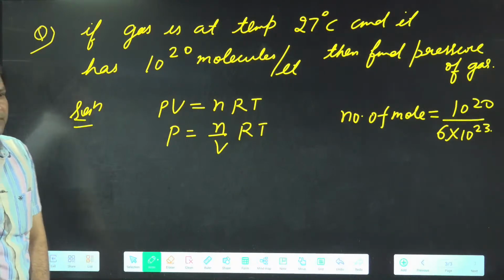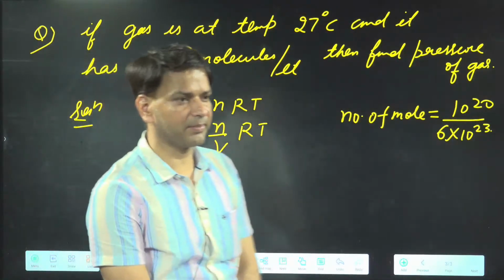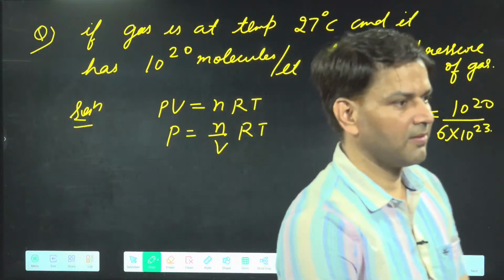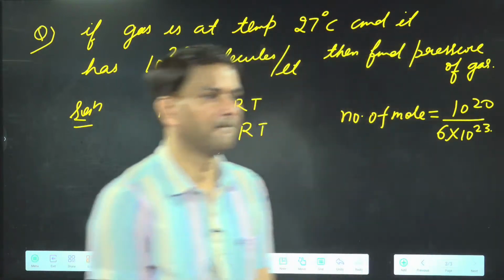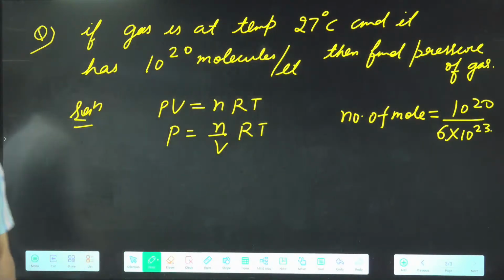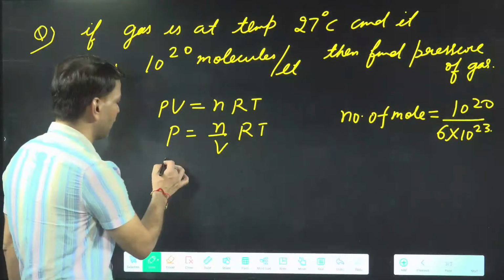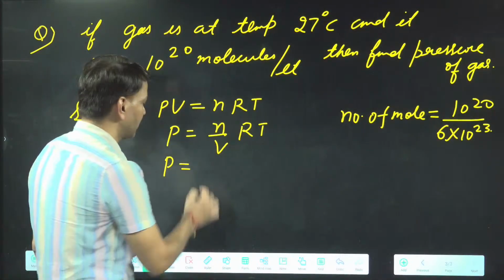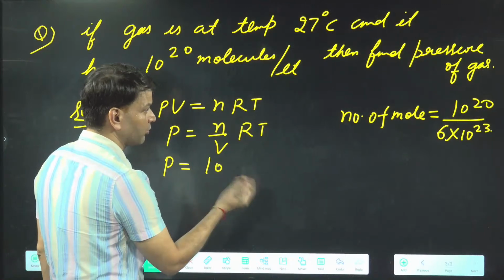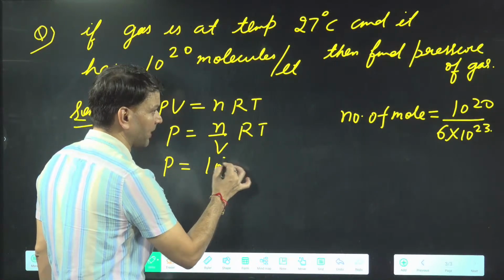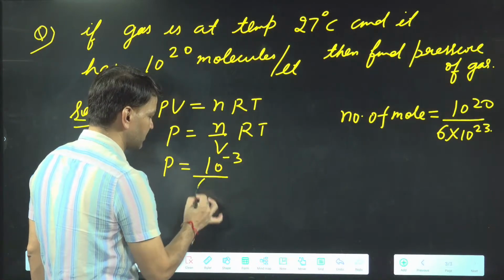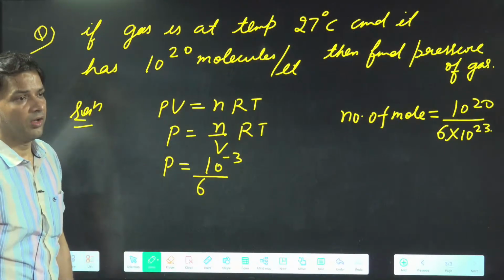Okay. Samita, you are saying the pressure or what? Now for P, 10 to the power 20, that directly I am writing as 10 to the power minus 3 by 6. Okay.